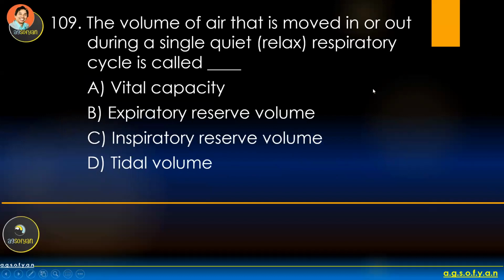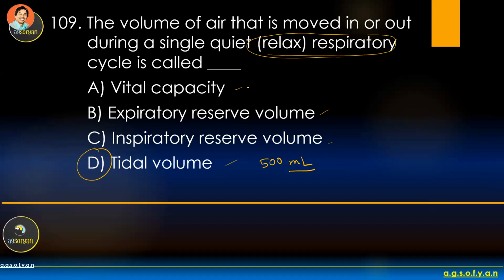The volume of air that is moved in or out during a single quiet or relaxed respiratory cycle is called vital capacity, expiratory reserve volume, inspiratory reserve volume, or tidal volume. During relaxed breathing, the volume that goes in or out of the lung is called the tidal volume. It's about 500 milliliters of air in and out.